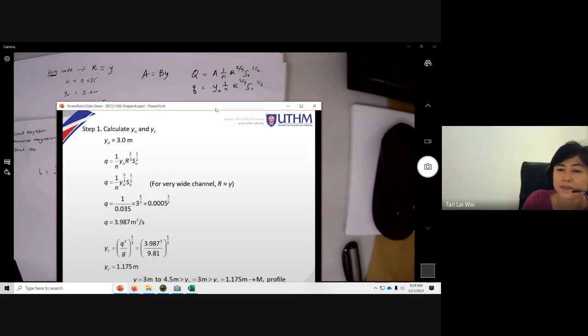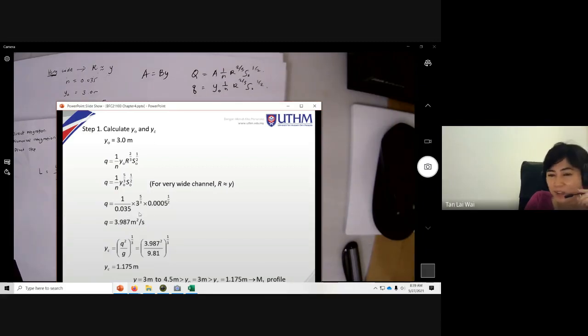Okay, now for very wide channel, R we can assume it to be Y. So therefore, I combine the R and Y, it becomes Z. So therefore, I substitute Manning. My Y naught, which is given 3 meter, and discharge is 3.987 meter cube over second over meter.